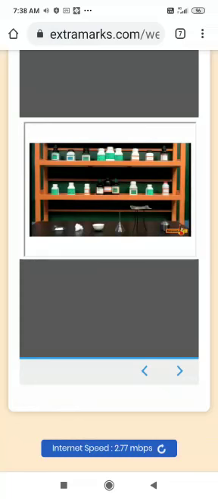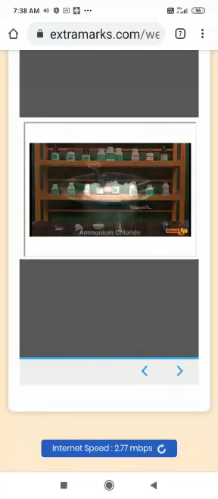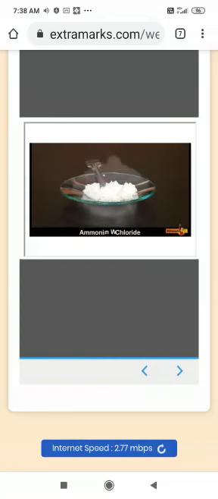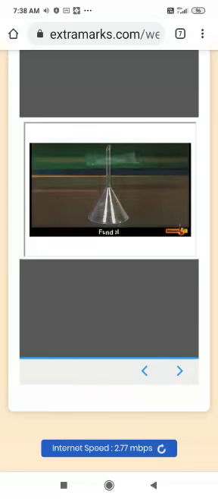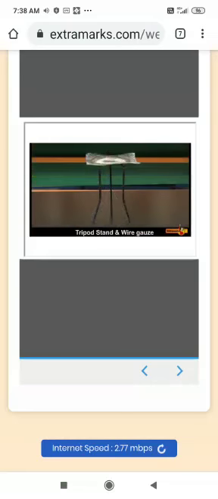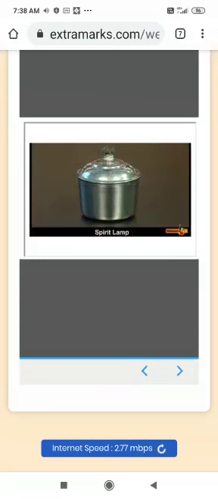Here we will perform an activity to understand how ammonium chloride sublimates. For this activity, we need ammonium chloride, cotton wool, china dish, funnel, tripod stand, wire gauze, and a spirit lamp.